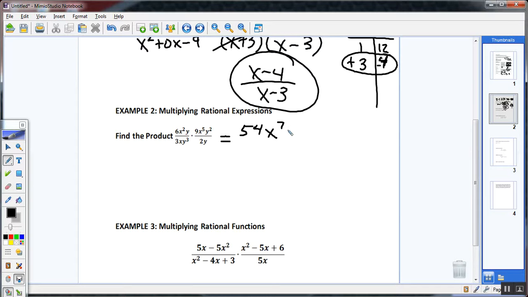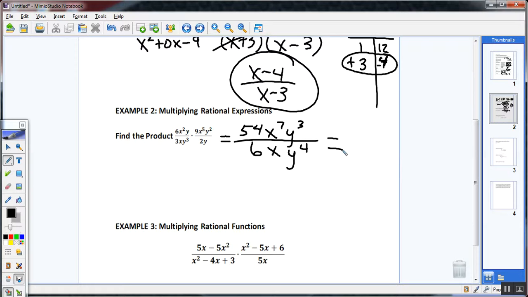Y to the what up top? How about on the bottom? What's your product in the bottom? 6x, y to the 4th. Let's talk, kids. What's this going to simplify to? Okay, let's look at the 54 to 6 first. Can 54 to 6 be reduced to what? 9.